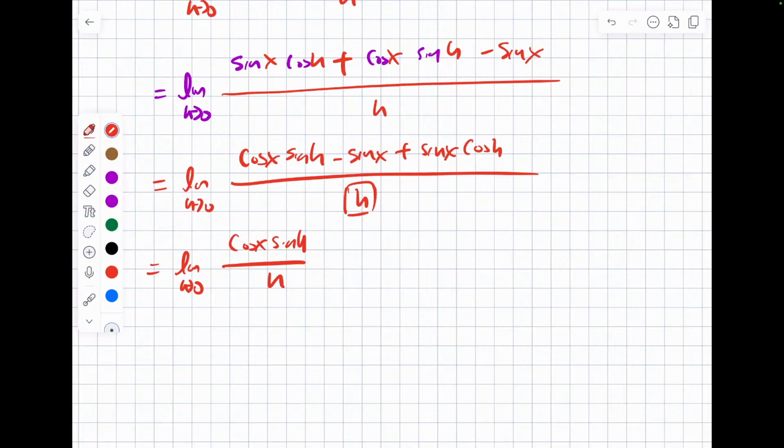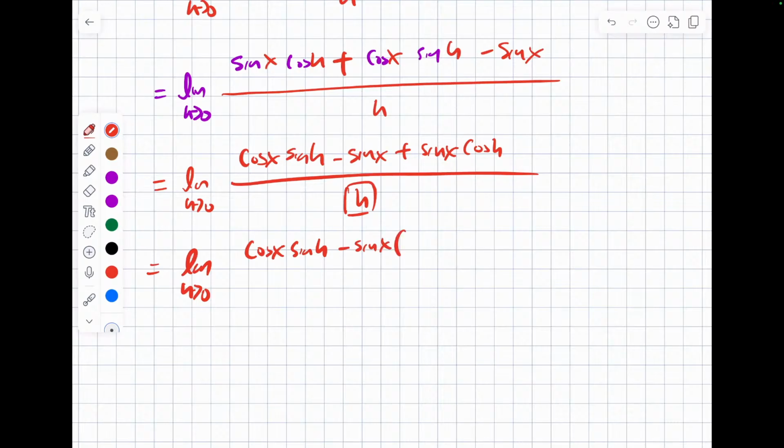Oh, sorry. Before I do that, I want to factor out x. Sorry. Let me do this again. So I want the limit as h approaches 0. I want to say cosine of x, sorry about that, sine of h. I want to factor out negative sine of x like this.